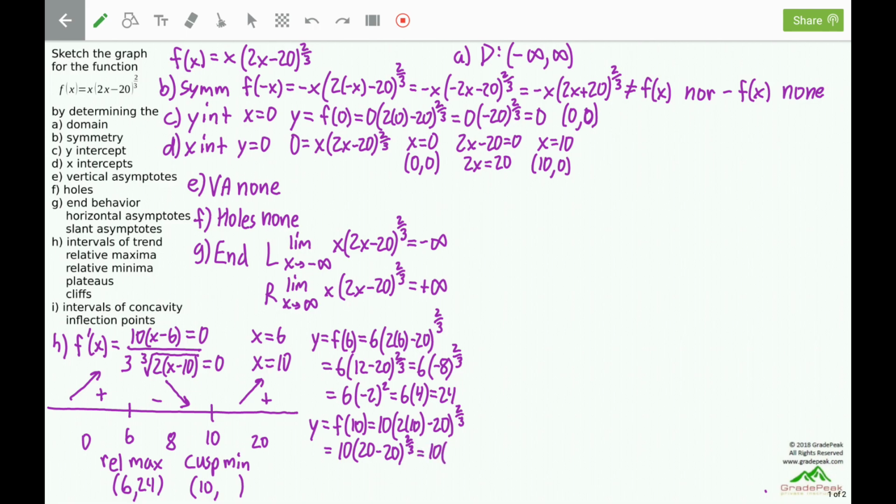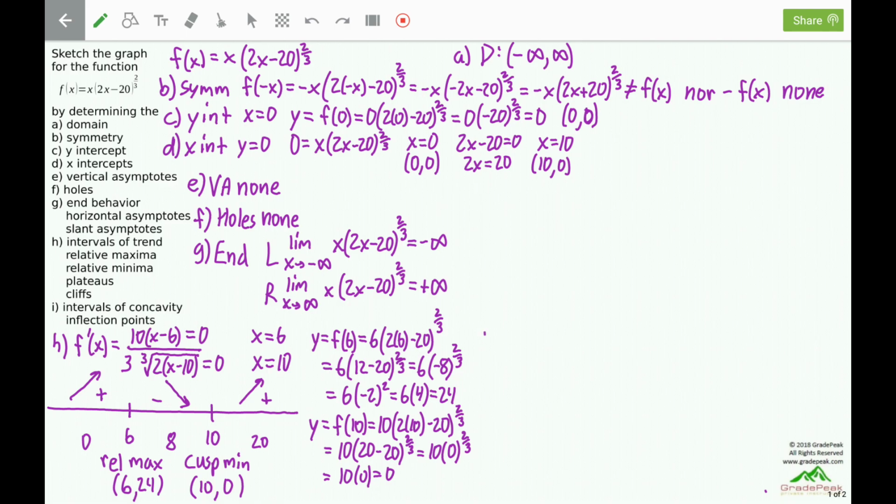And 20 minus 20 is a 0. 0 raised to any non-zero positive power is a 0, and 10 times 0 is a 0. So you have a corresponding y-coordinate of 0. No surprise there, because we had found that as one of the x-intercepts up above.